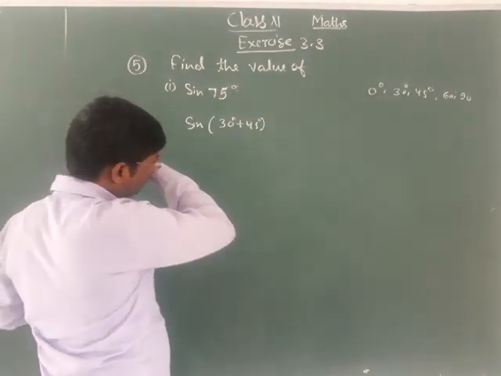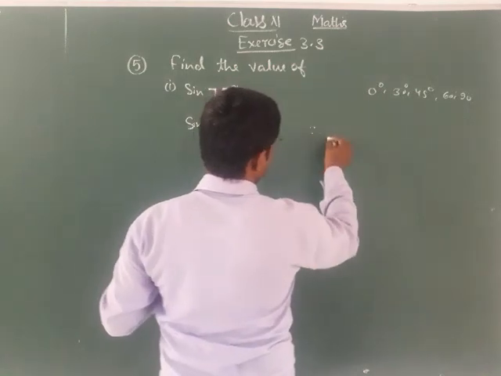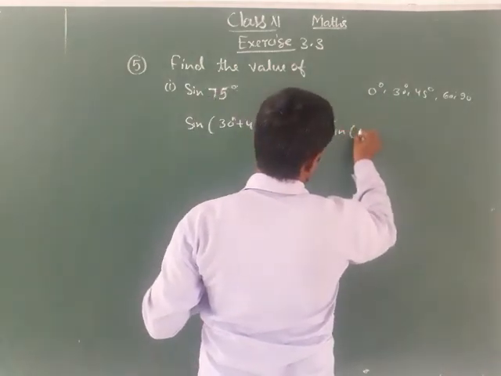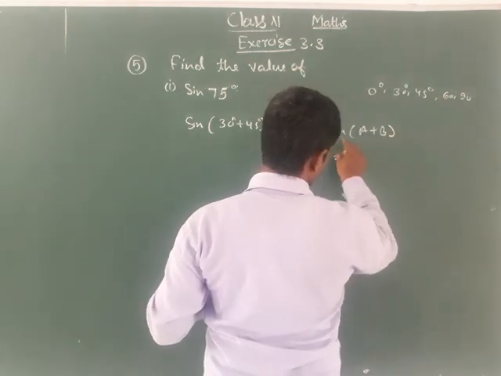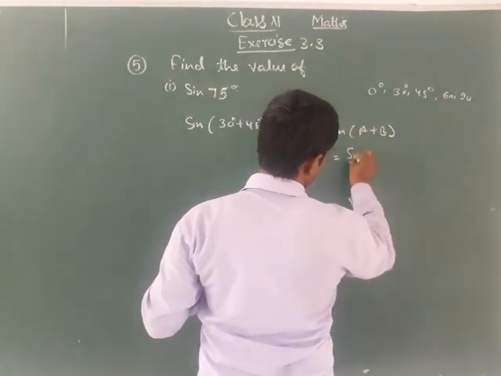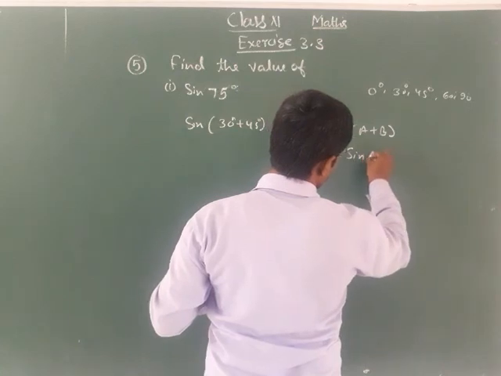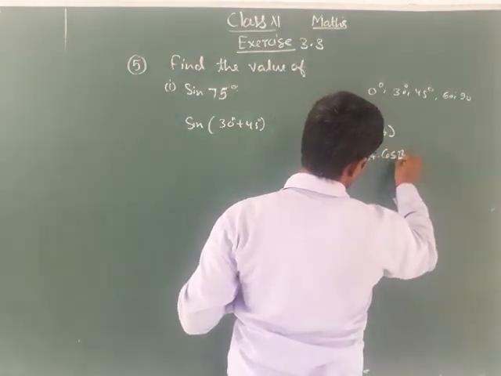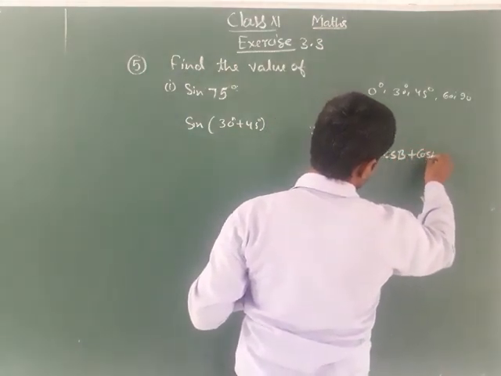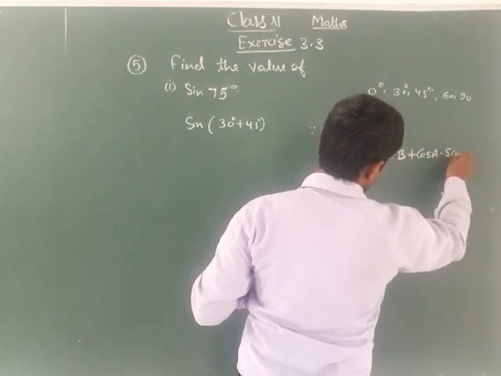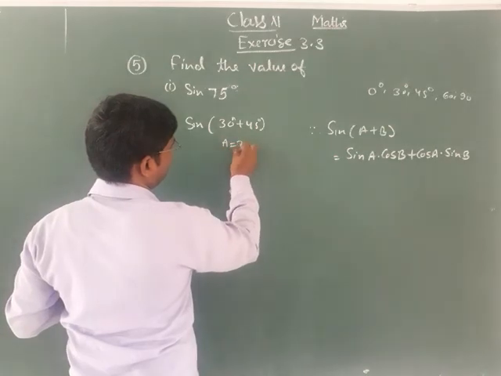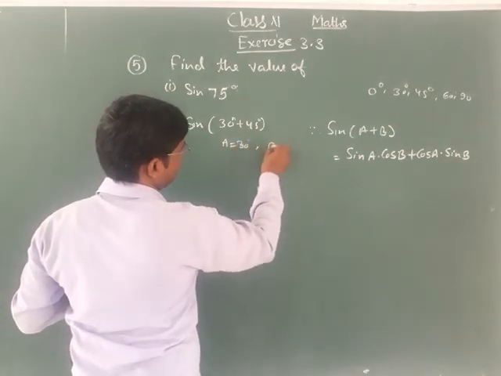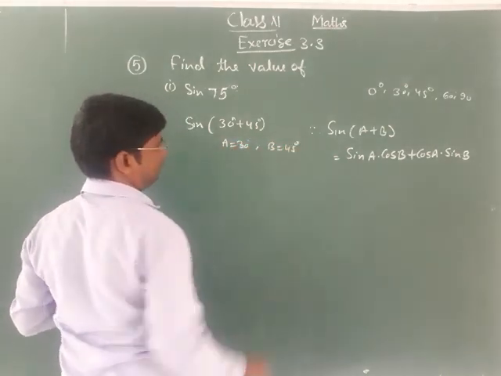Now we know the identity sin(A plus B) is equal to sin A cos B plus cos A sin B. Here A is equal to 30 degree and B is equal to 45 degree.